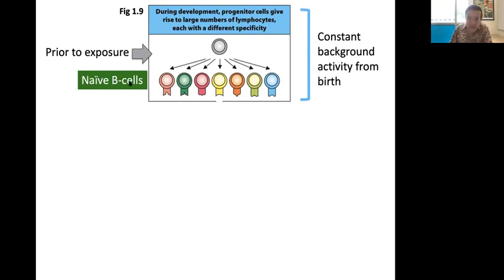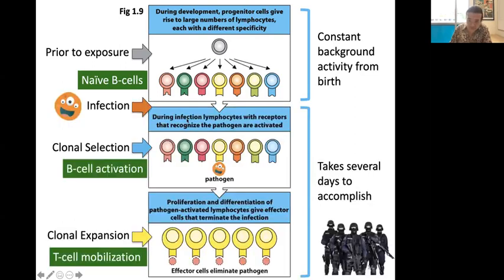So the way your immune system does this is you're constantly making a whole barrage of different B cells, each with different shaped immunoglobulins on their surface. Ever since you were born, you've been making every single day hundreds of millions of different variations of these B cells. If you do get infected, only a small subset of these B cells will have the right immunoglobulins that recognize the novel pathogen.